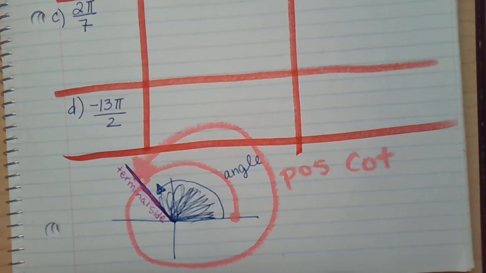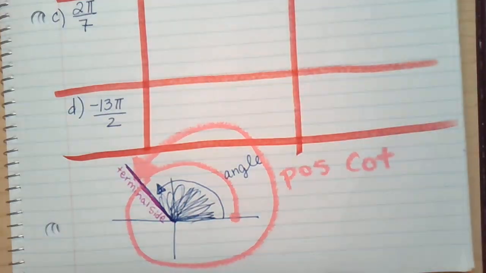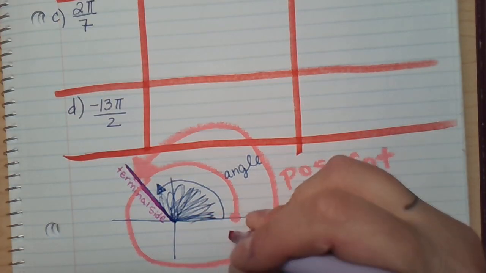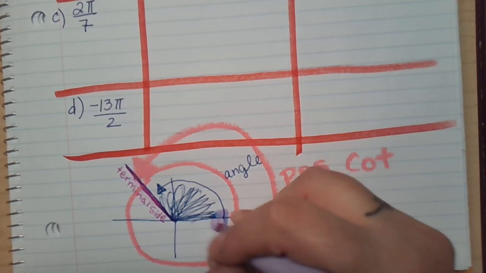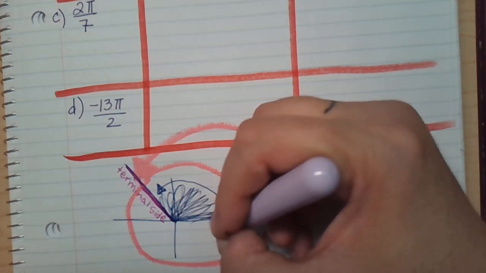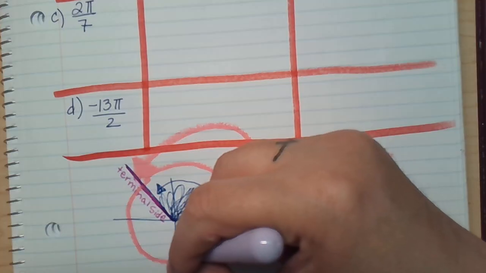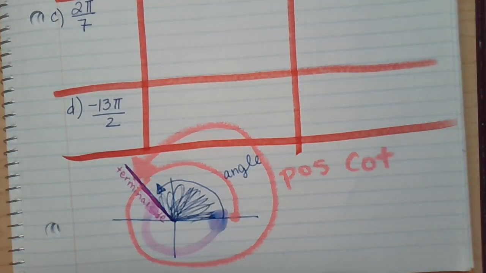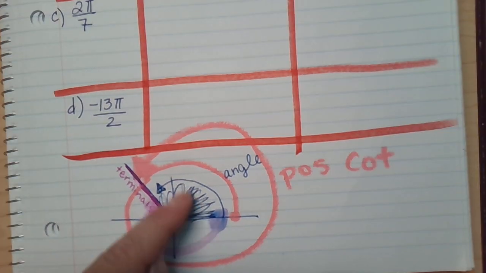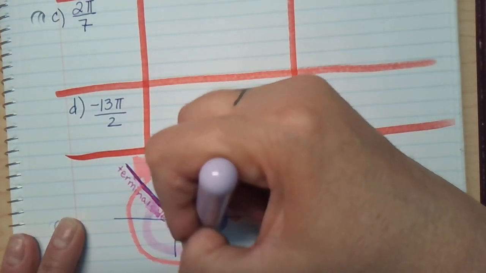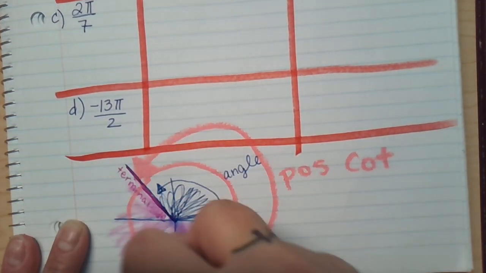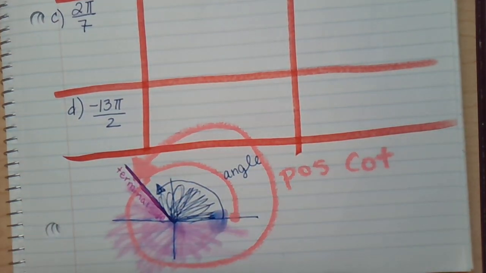Let's say I wanted to find a negative coterminal angle. We start in the same spot, only negative means go backwards. So let's go backwards, and I want to land in the same spot. Let me try that again because those colors were horrible.